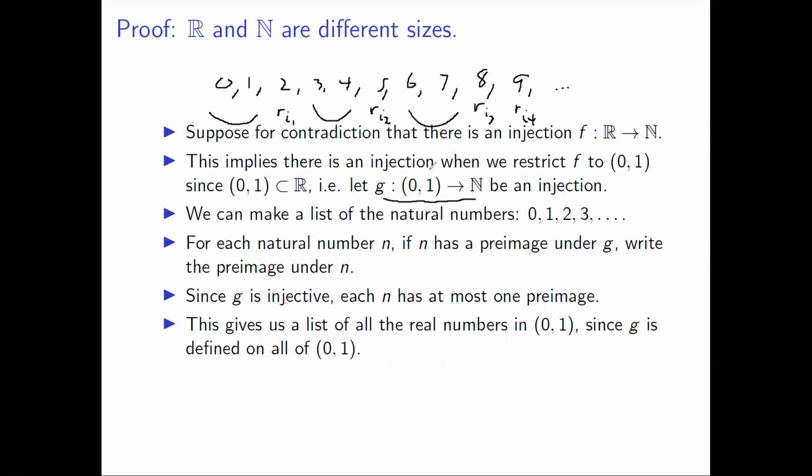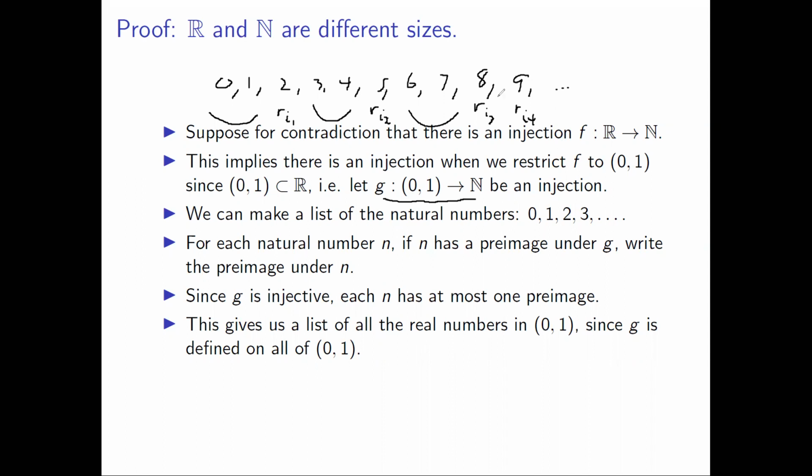We know each of those real numbers has a distinct output in the natural numbers from any of the other real numbers in 0, 1. And so that output must have that real number from 0, 1 as its preimage. So any real number in 0, 1 is going to show up on our list. And we can remove those gaps.